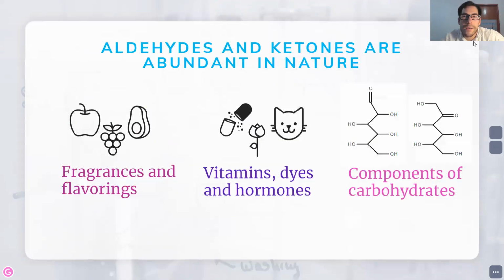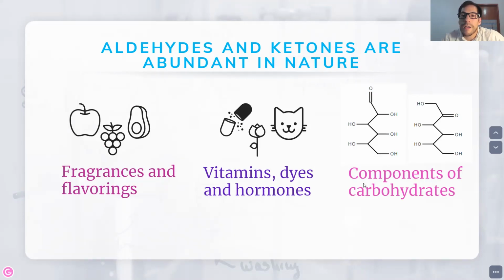Aldehydes and ketones are very abundant in nature. Many of the fragrances and flavorings of fruits, vegetables, etc., come from these types of compounds. Also, a lot of vitamins, dyes, and hormones that we produce as animals are aldehydes and ketones.